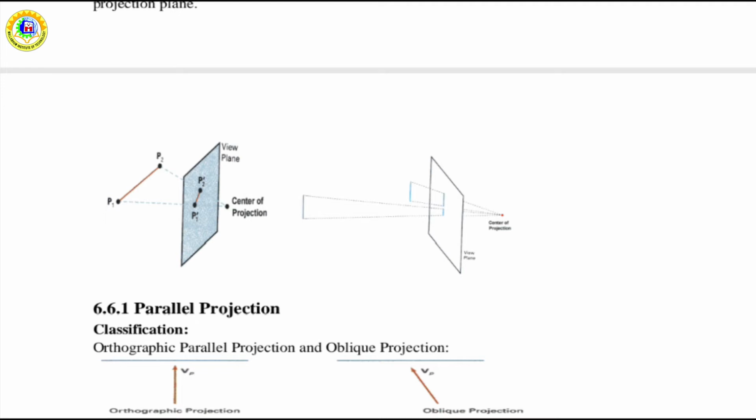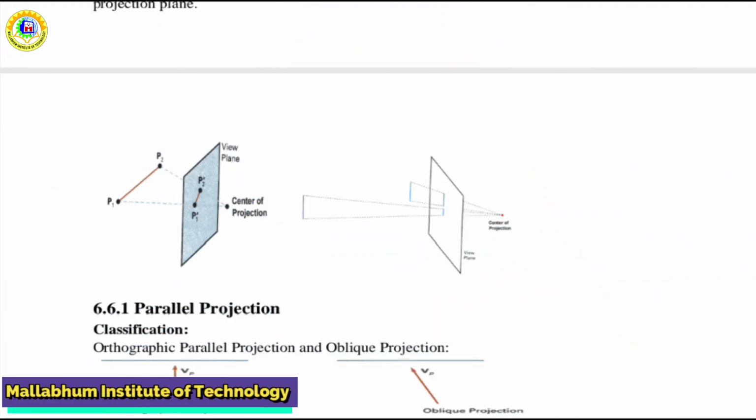That is, P1 dash P2 dash is smaller than P1 P2, and the plane on which we take the projection of the actual object is known as the view plane. So here it is the view plane where we are actually projecting the object.